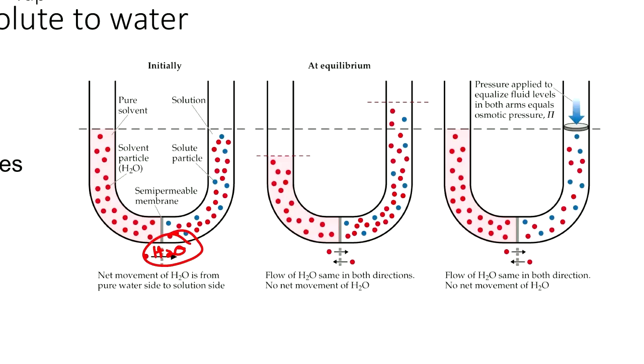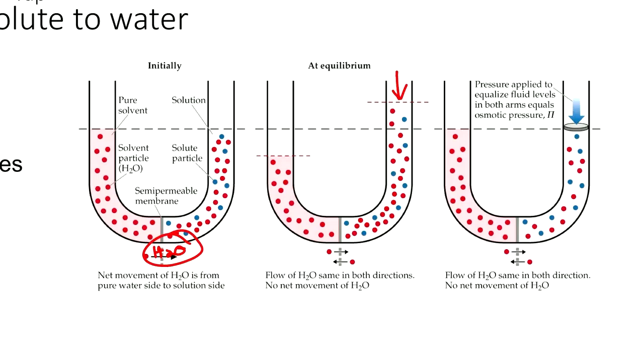And so what osmotic pressure is: if I push the water back to the other side, this pressure that I have to push down on the concentrated side is what this solution produces as its osmotic pressure. It's the pressure required to push all of that water back so it doesn't naturally diffuse to the other side.